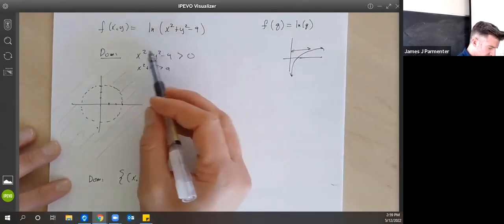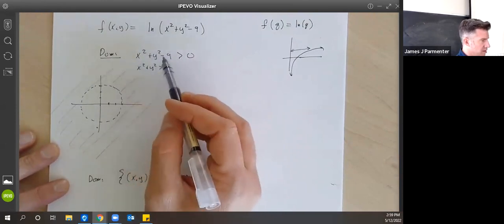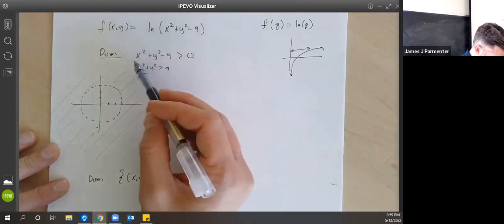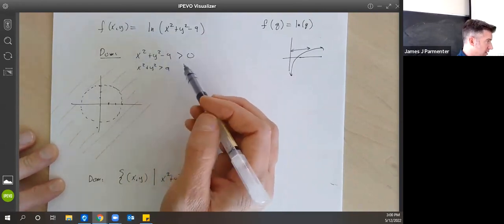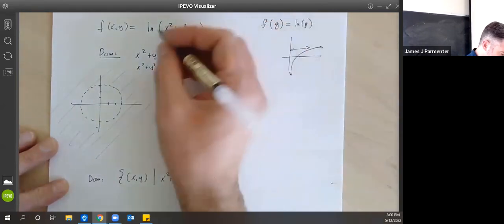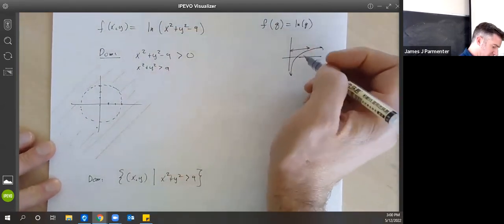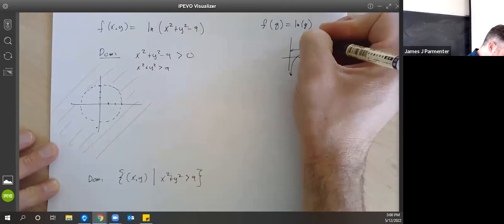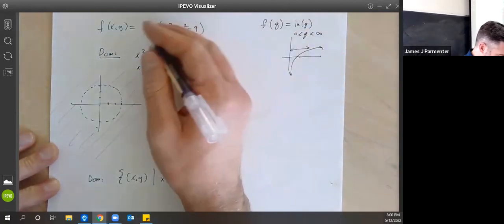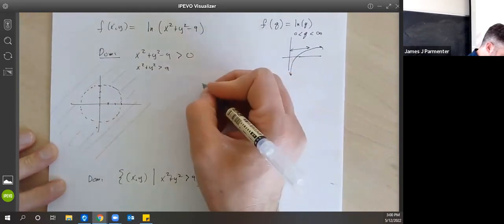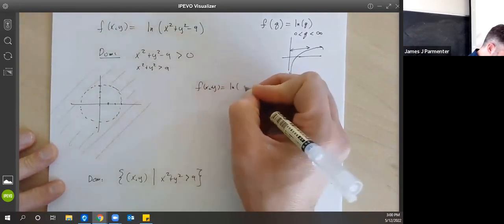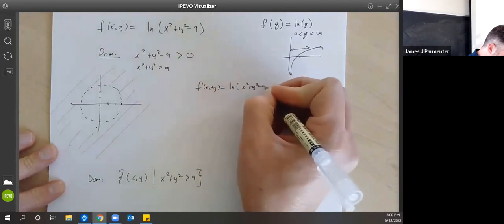So can I get this being super close to 0? Yeah, I can, because x squared plus y squared minus 9 has to just be greater than 0. Essentially, I've got the same kind of condition here. Just like f of q being natural log of q, our domain is that the inside stuff is between 0 and infinity. I've got the same action here with my f of x, y equal to the natural log of x squared plus y squared minus 9.